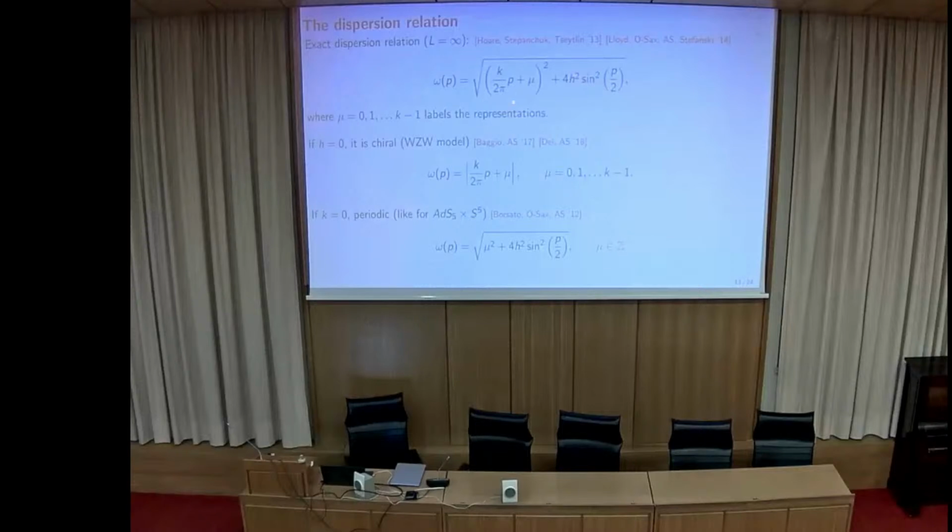In general, I have something in between. You immediately see that if I have such a dispersion, the energy of a multi-particle state will not depend on the sum of the momenta, on the total momentum, but it will depend on the individual momenta. So it won't be as in the special case where the dispersion is linear.